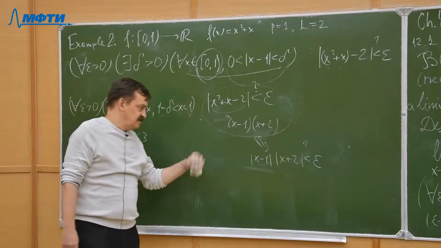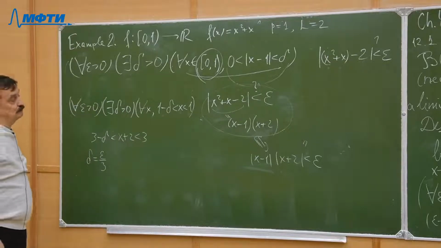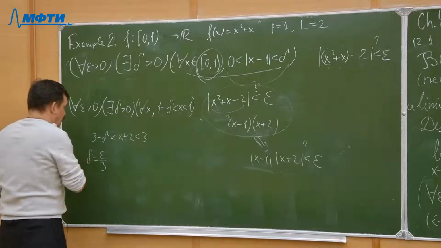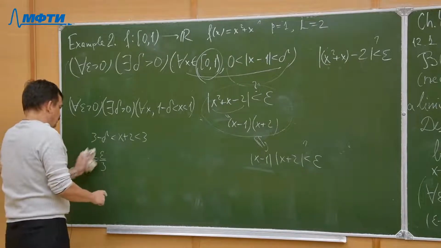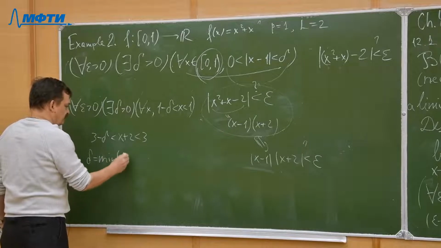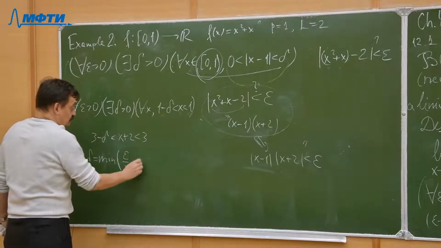That's not very good. But what can we do? We can say, for example, delta equals the minimum of epsilon over 3 and, let's say, 1.